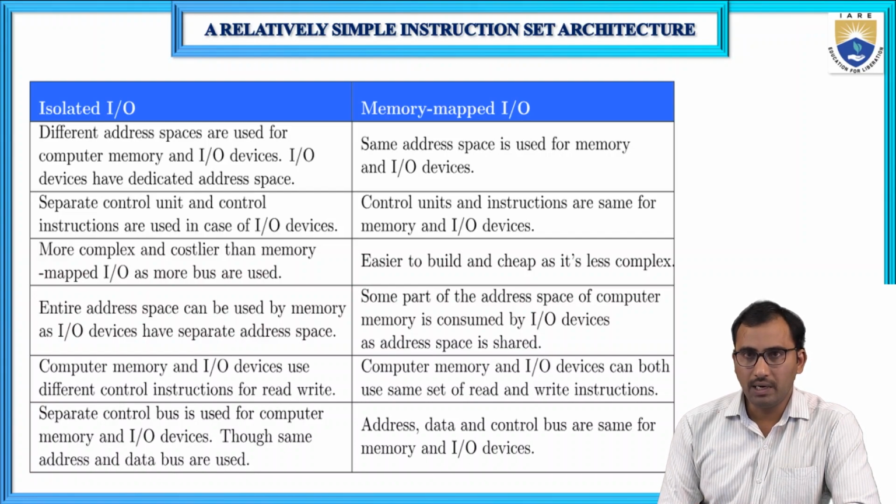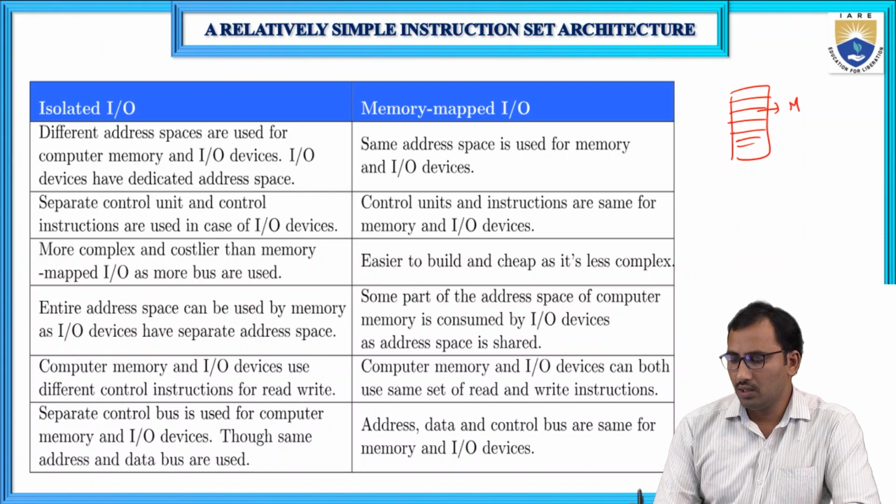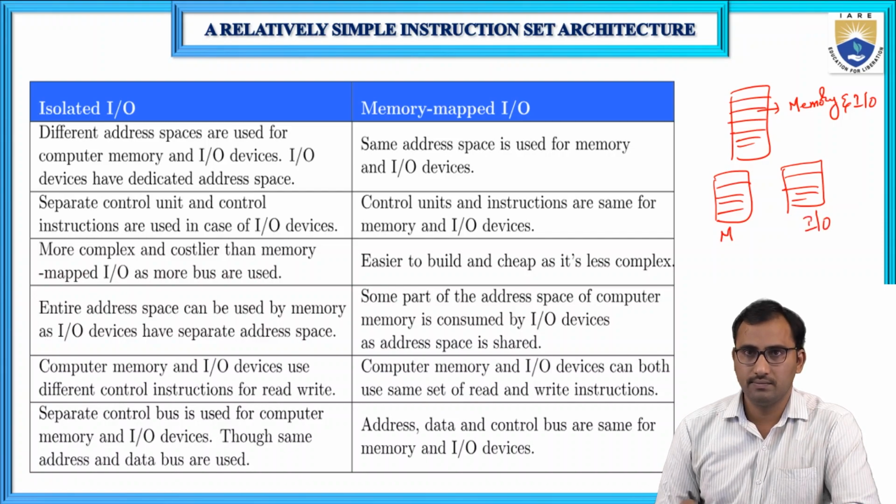In memory mapped I/O, the same address space is used for memory and the I/O devices. So we have a memory, and this entire memory we can use for both the memory and I/O devices. Whereas in isolated I/O we have separate memories for the memory and the I/O devices.